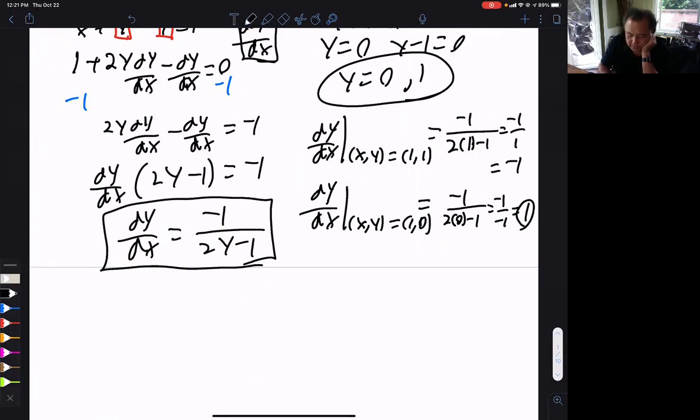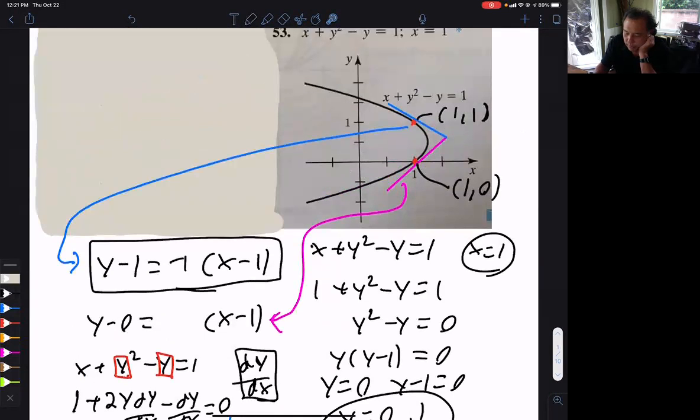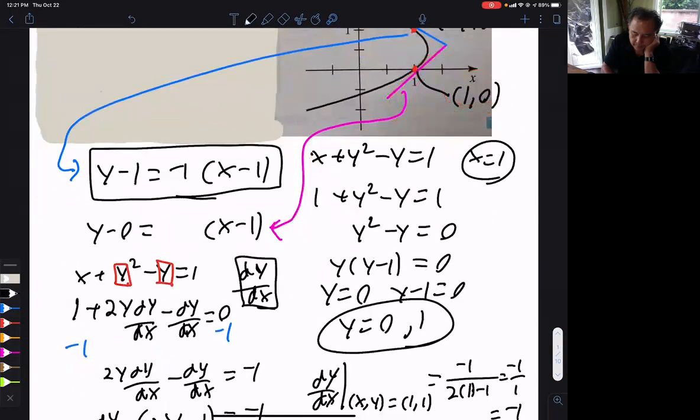So the slope at 1, 0 is +1. So the slope right here is positive. So down here, I put a slope of +1. There is my other equation. So there's actually two equations in that situation.